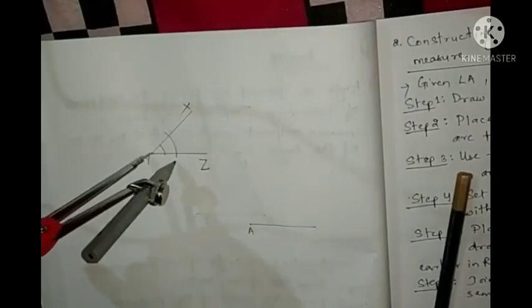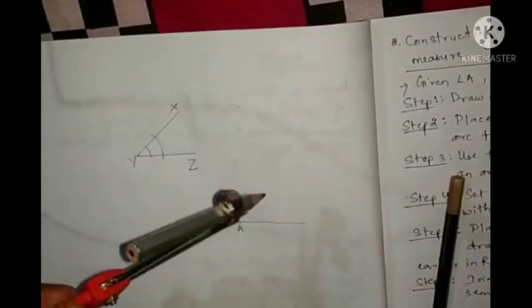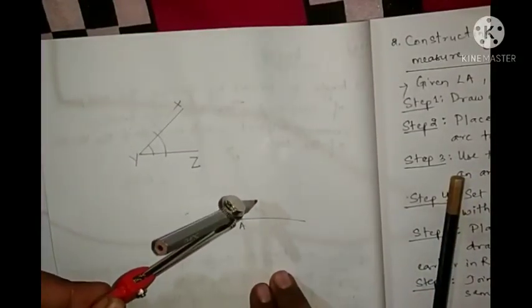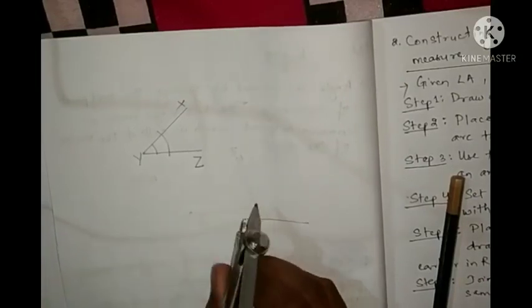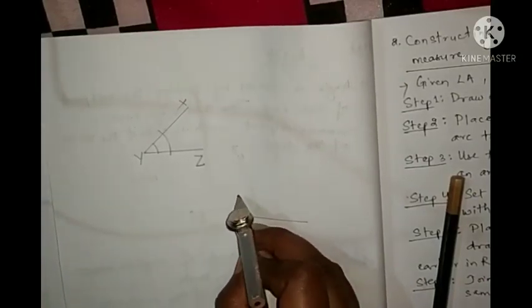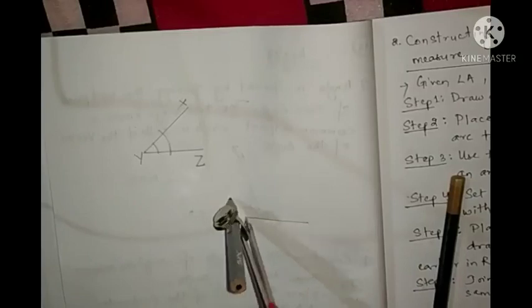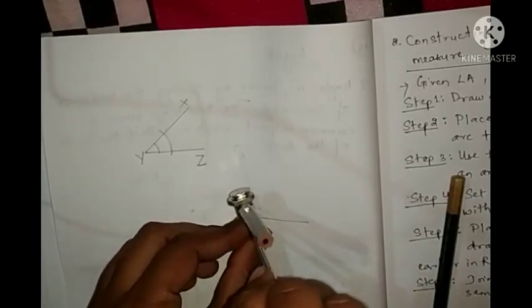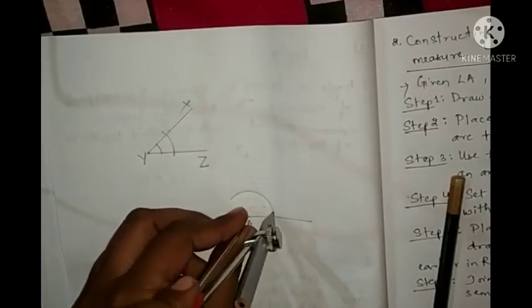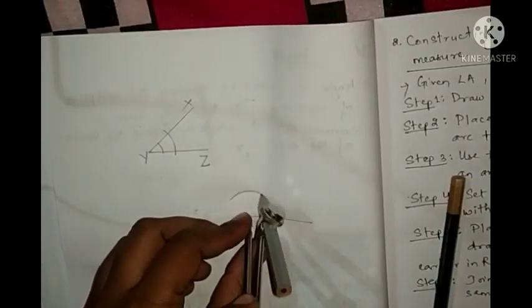I have made this arc in this measurement only. Then on A, put the pointer on A and make an arc.